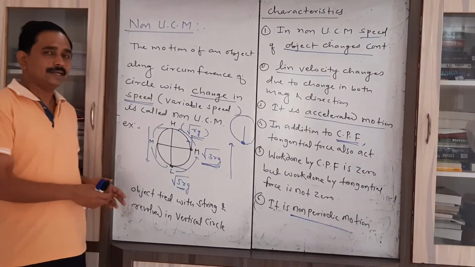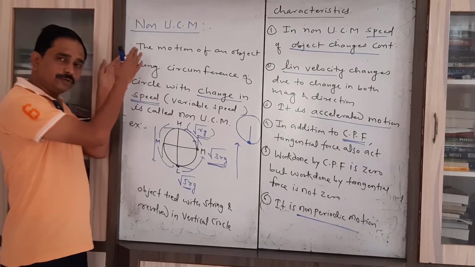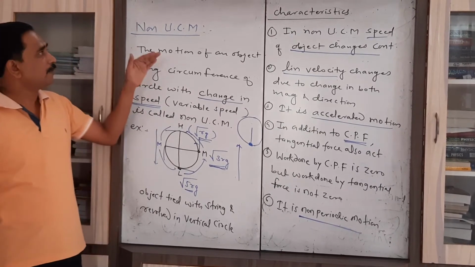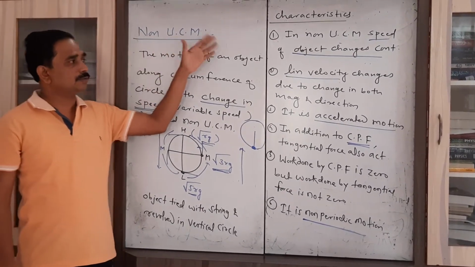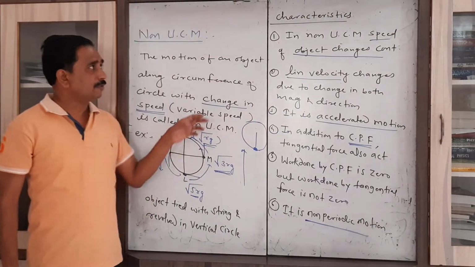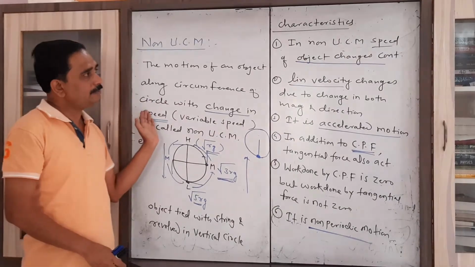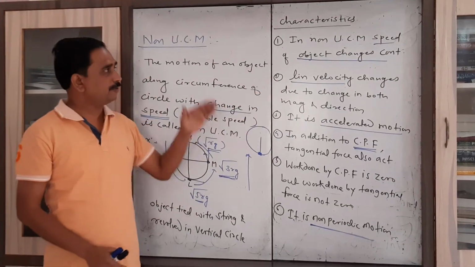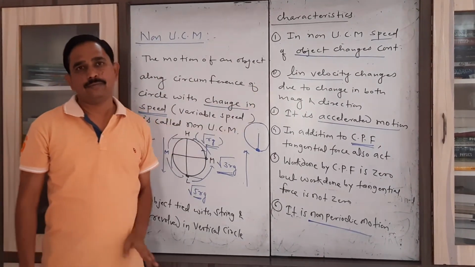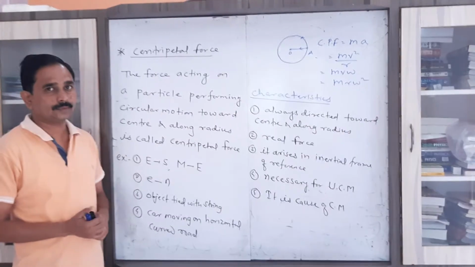You can easily remember what we mean by UCM and its characteristics, and what we mean by non-uniform circular motion and its characteristics. From the characteristics you can easily compare uniform circular motion and non-uniform circular motion.